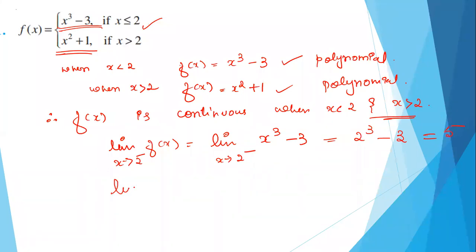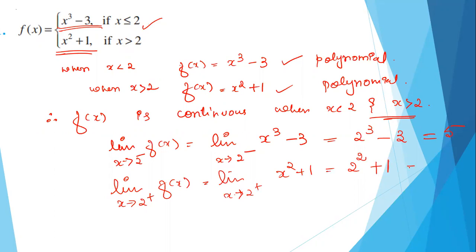Next, we'll find out right hand limit. Limit x tending to 2 plus f of x. So limit x tending to 2 plus x square plus 1. So what you have? 2 square plus 1, that is 4 plus 1. We get it as 5. What is the functional value? What is f of 2?